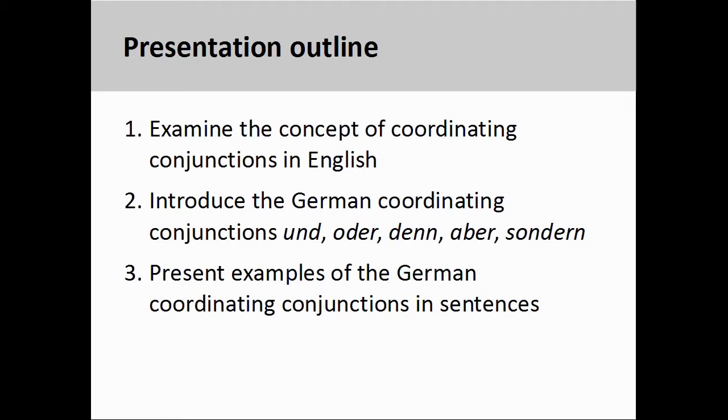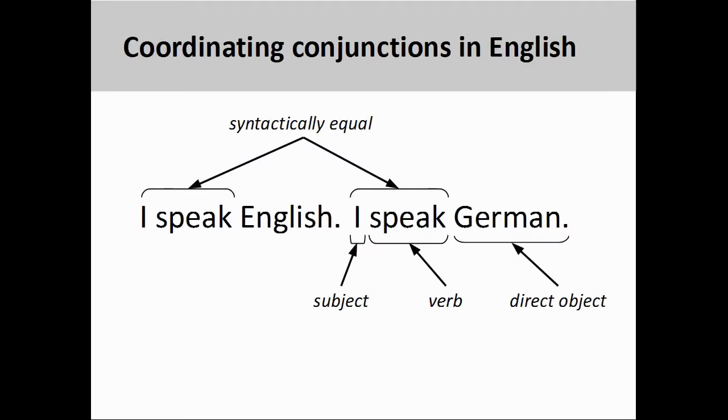Let's get started. On the screen you see two simple sentences. The first sentence, I speak English, contains one subject, a first-person singular personal pronoun in the nominative case, I, the first-person singular present tense form of a verb, speak, and a direct object of that verb, English.